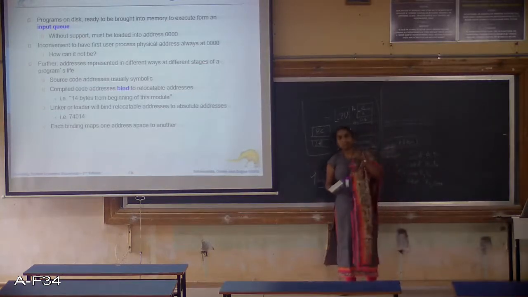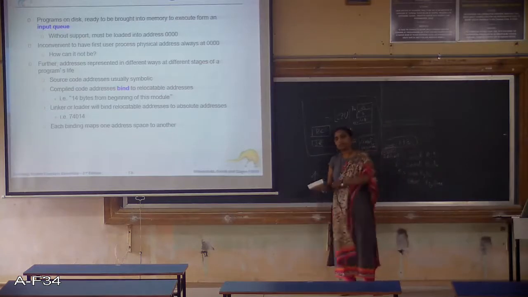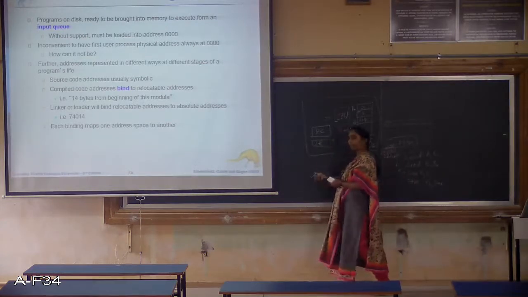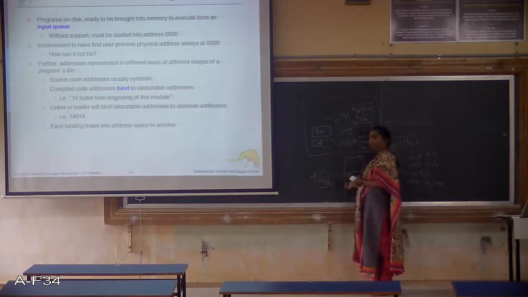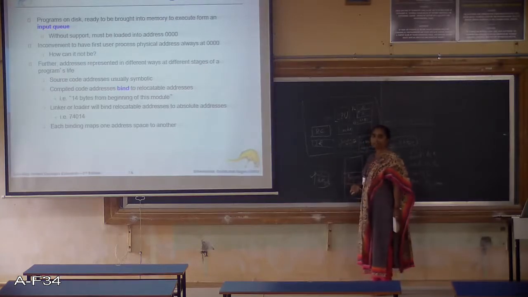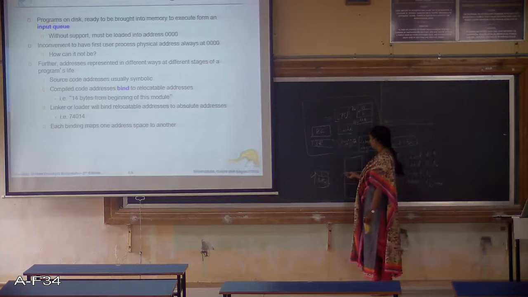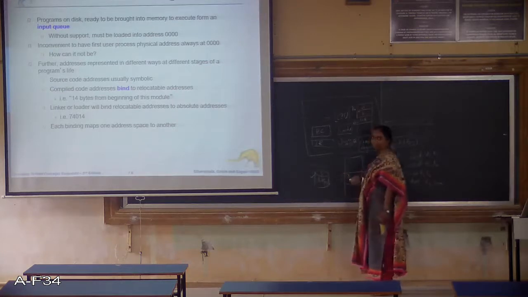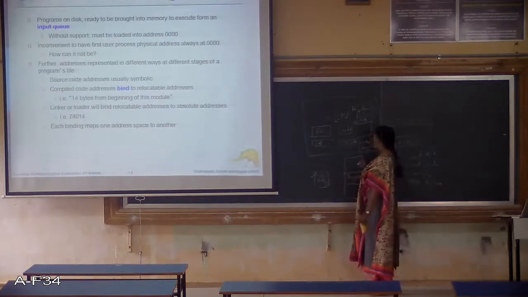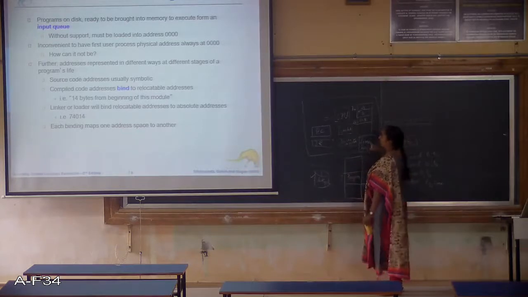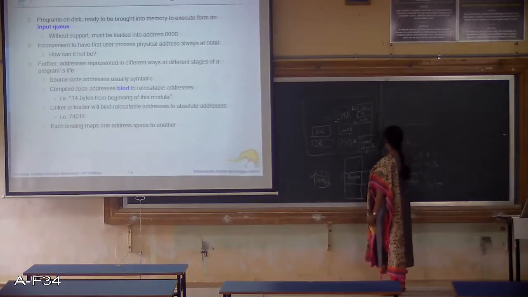Now this program that you have contains what are called symbolic addresses. Sum, A, B are symbolic addresses. When this program is brought into the RAM, you will have relative addresses. What is a relative address? This program is loaded at the base address.